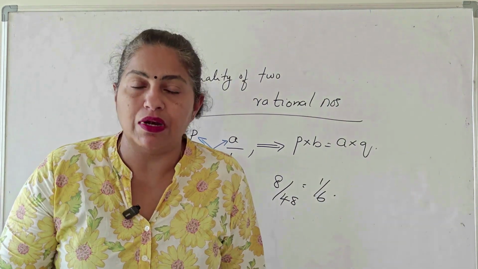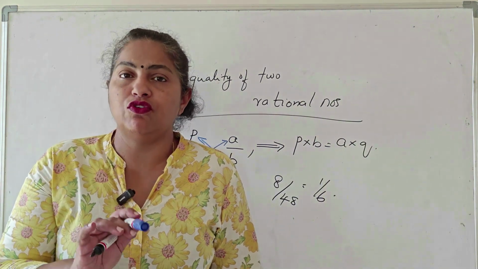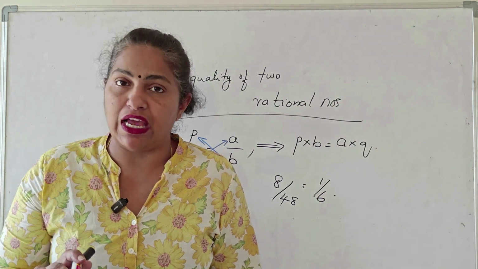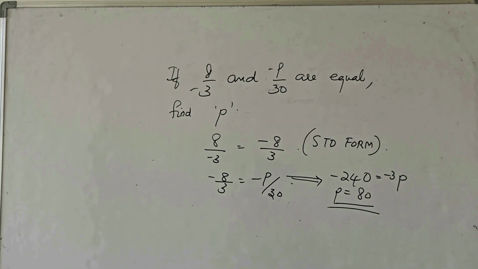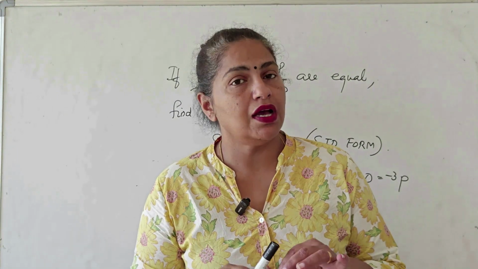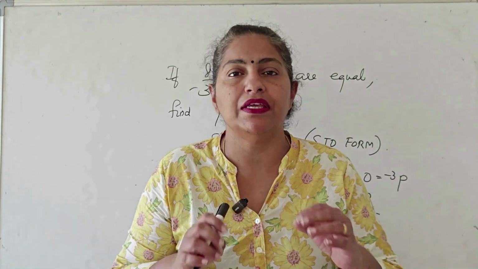Now, where is this applicable? Let us do a sum in which this particular concept has to be used in order to solve and find the value. If 8 by minus 3 and minus p by 30 are equal, find p. Here I have written a very basic sum just to show you how to apply the concept.